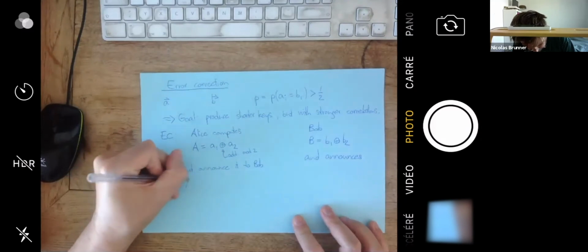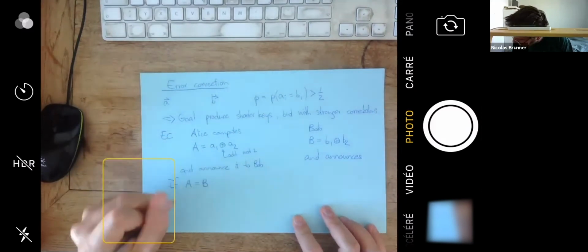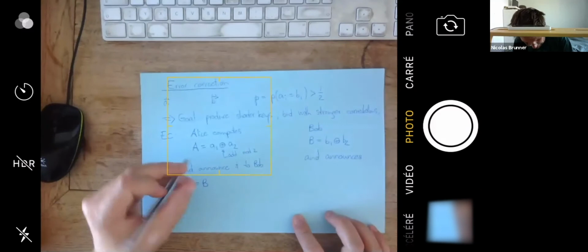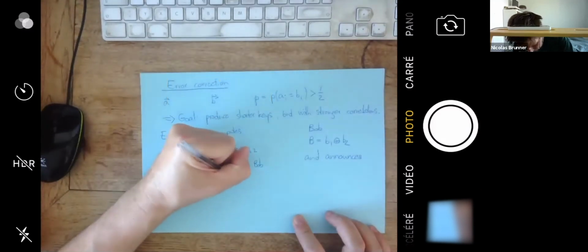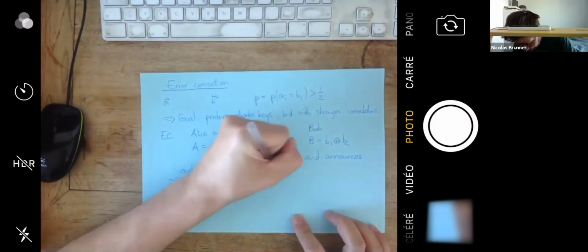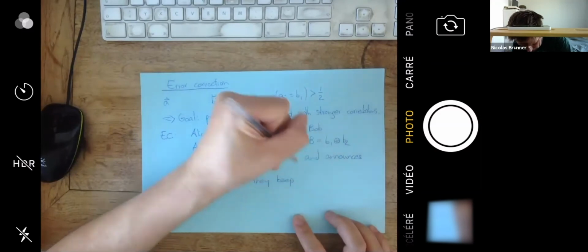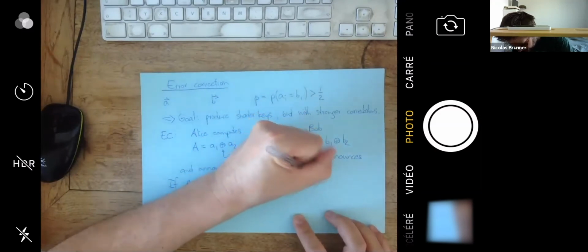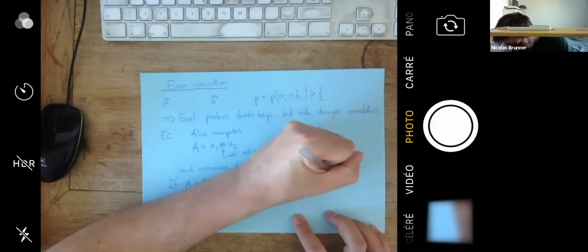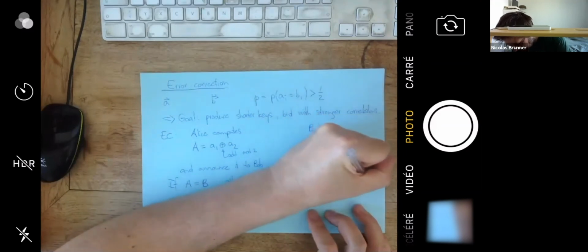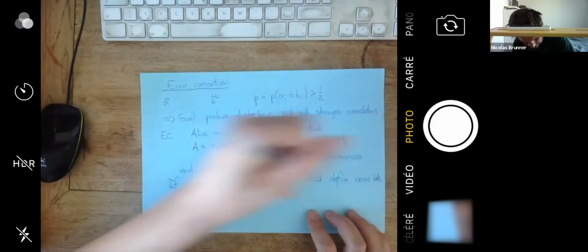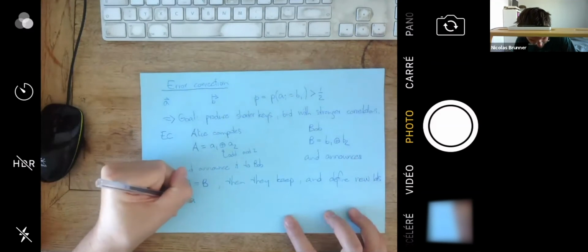If capital A is equal to capital B, then they keep and find new bits, namely, let me call it A prime.